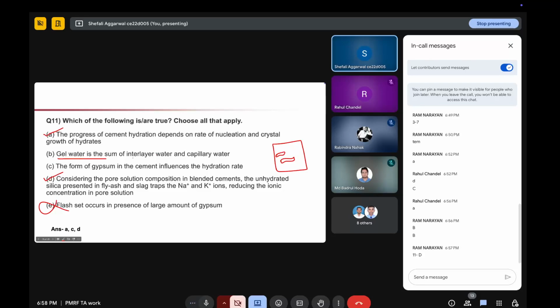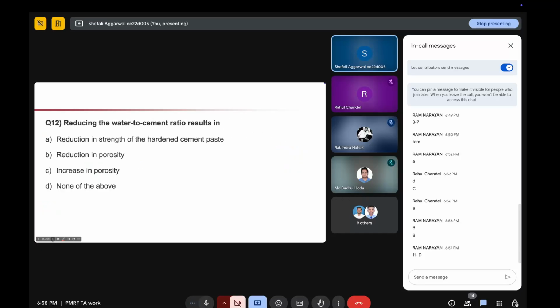Gel water is not the sum of just interlayer and capillary; there is one more thing, which I forgot, but there are three types of water which form the gel water. And the last option is the formation of gypsum in the cement influences the hydration rate. Yeah, we have already seen that from the curve. The type of gypsum or the concentration of gypsum will influence the hydration rate.